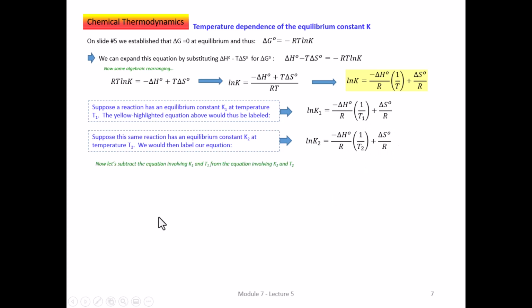Now, we can actually subtract the equation involving ln of K1 from the equation involving ln of K2. So ln of K2, represented by this expression, minus ln of K1, represented by this expression.